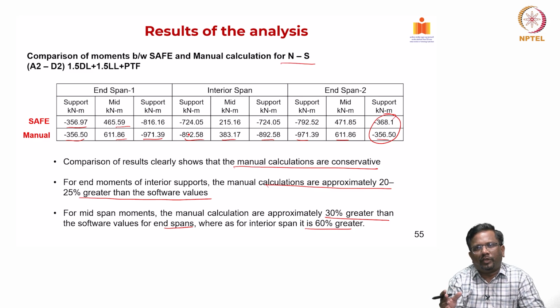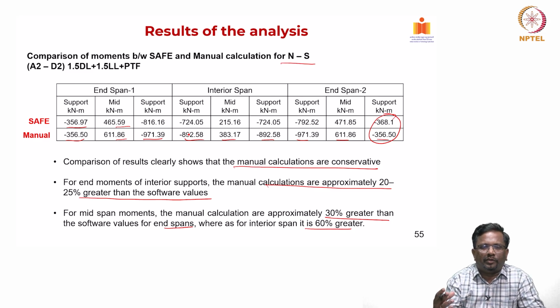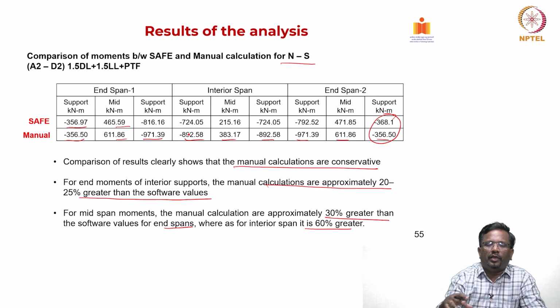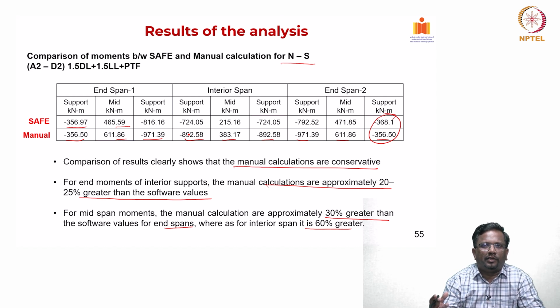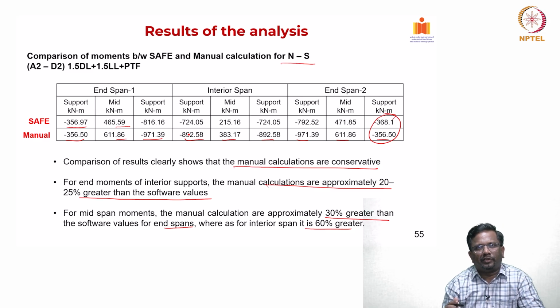That is because of the differences maybe in the number of cables that the software is giving, or in the loading that we have considered, probably the corridor area higher loads that was more accurately considered in the commercial package than in our manual calculation. There could be some differences, but by and large you have to make sure that we are within that 15-20% of our expected results, then your analysis results and design results are correct. So, it is very important.